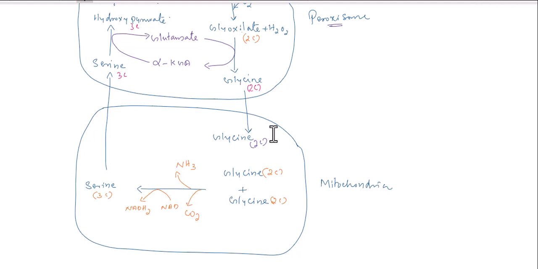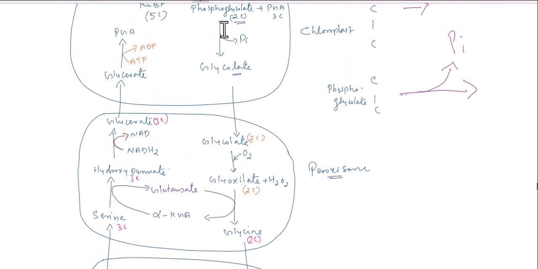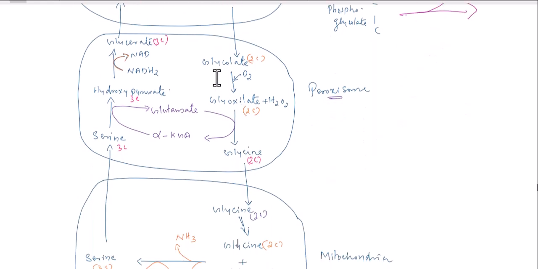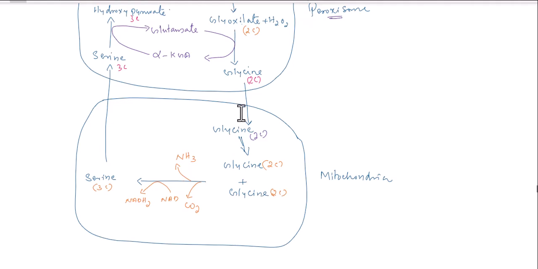As a result of this reaction, glycine is produced continuously and enters into the mitochondria. After some time, 2 glycine molecules combine to form serine, another amino acid.